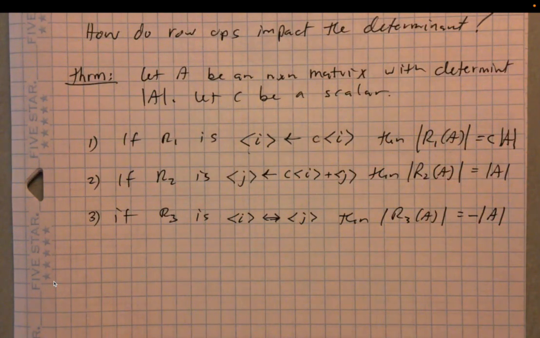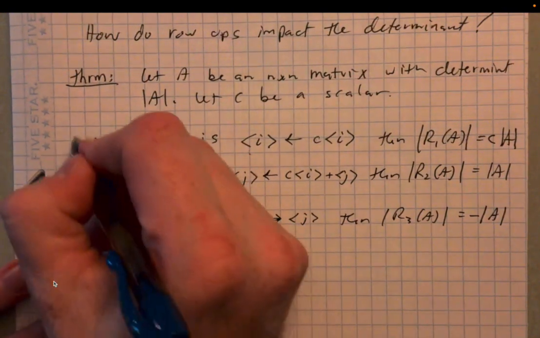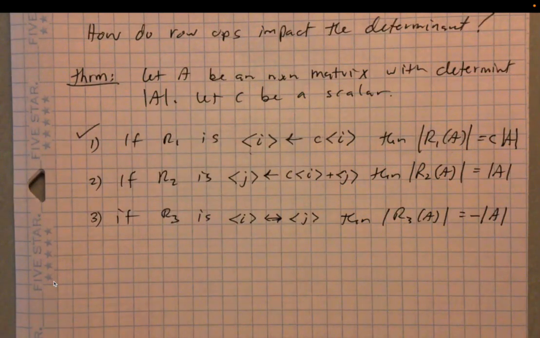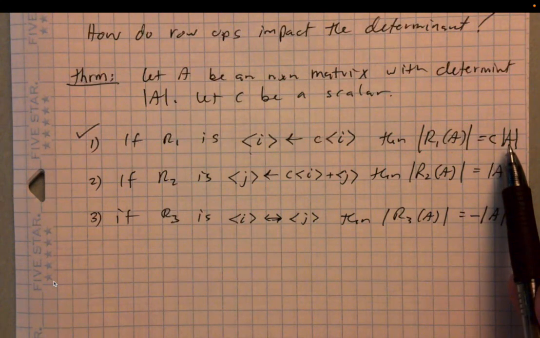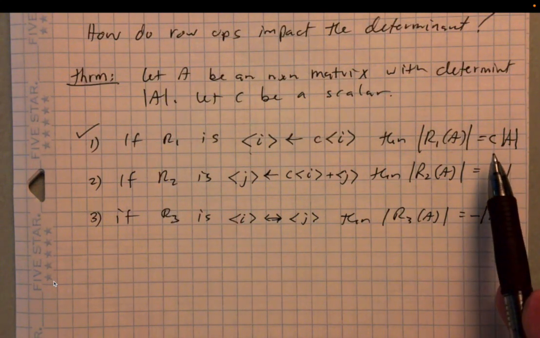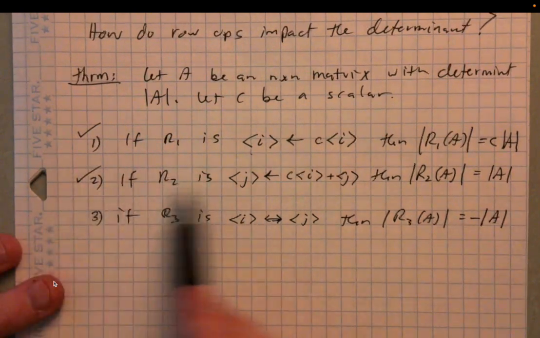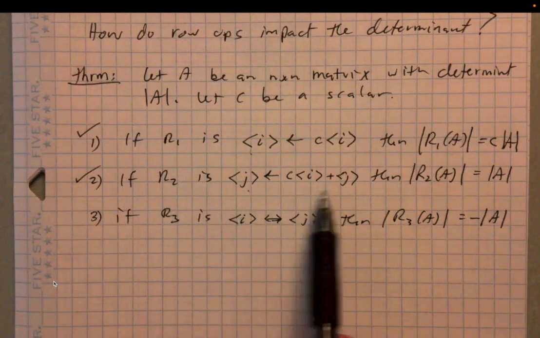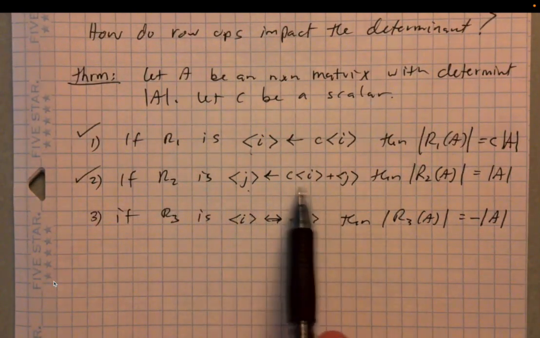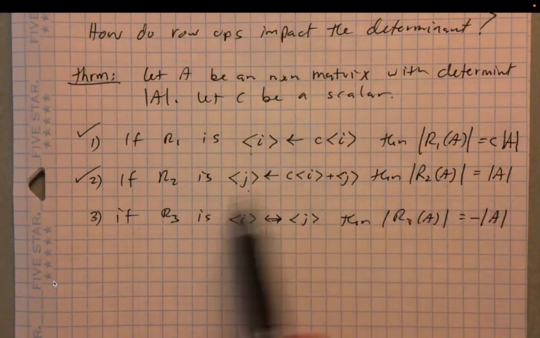Okay? So this is interesting. These are all very simple things to account for. So basically, if you multiply a row by a scalar, then you have to multiply the determinant of A by the same scalar to keep them aligned. You get this one for free, right? This is the one that you would think would really screw up the determinant, but it actually has no effect on the determinant, surprisingly.